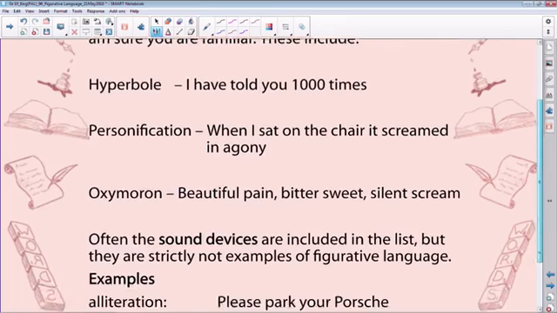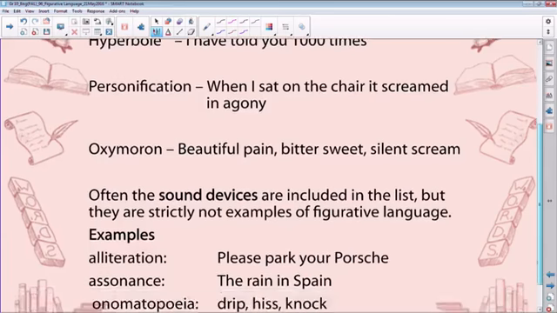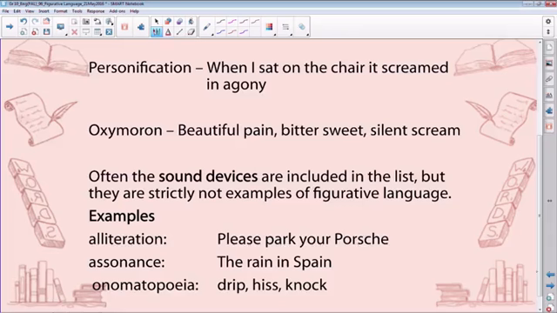We have oxymoron. An oxymoron is when we put two opposites together. So it would be examples like beautiful pain, bittersweet, a silent scream. And often sound devices are referred to as figures of speech, which technically they're not really, but they are included in that list.